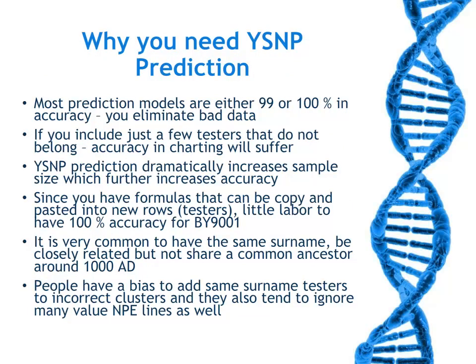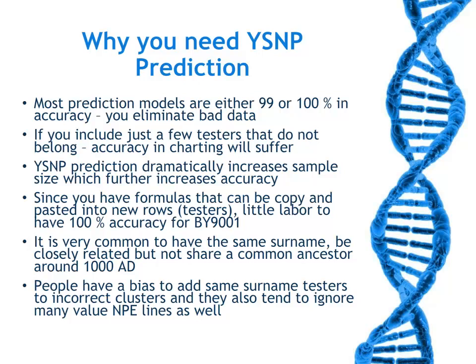So why do you really need Y-SNP prediction? Most prediction models are either 99 to 100% accuracy, so this eliminates bad data. Even if you only have 5 or 10 testers out of several hundred that should not be included, they might really throw off your chart and your whole analysis by introducing bad data.